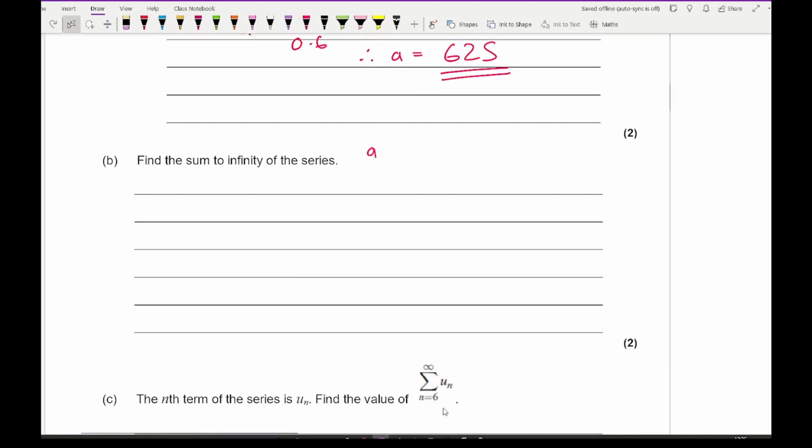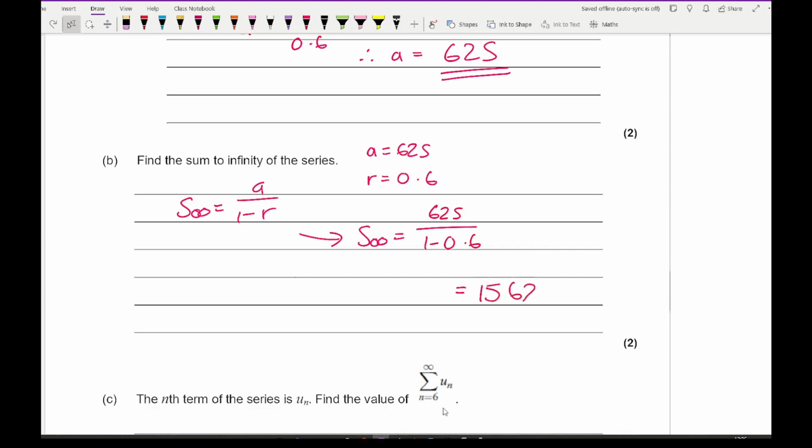Well, I know that A equals 625. I know R equals 0.6. So then the sum to infinity is A over 1 minus R. So then that becomes 625 divided by 1 minus 0.6, and I type that into my calculator. I get an answer of 1562.5.